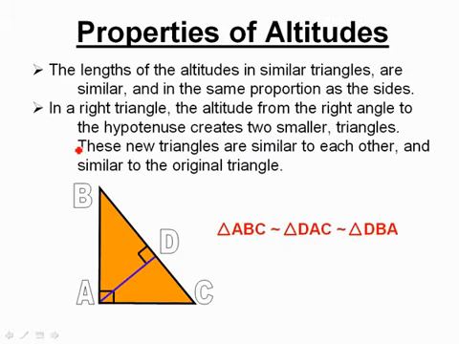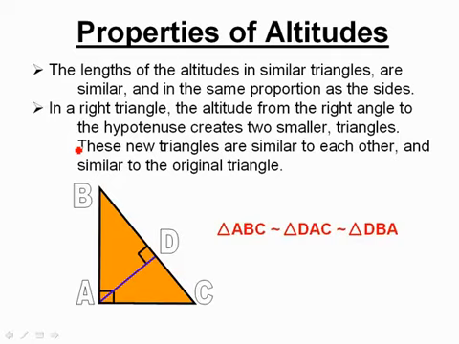Properties of altitudes. The lengths of the altitudes in similar triangles are similar and in the same proportion as the sides. It might not come obviously to everyone, but if you scale a triangle, you're scaling the altitudes the same way, proportionately. Exactly.